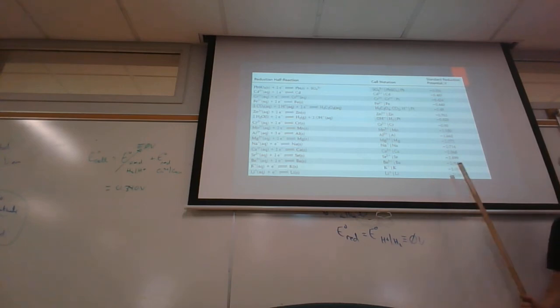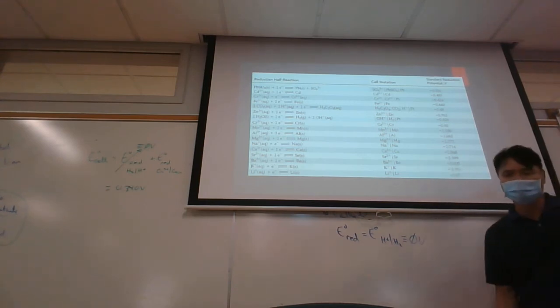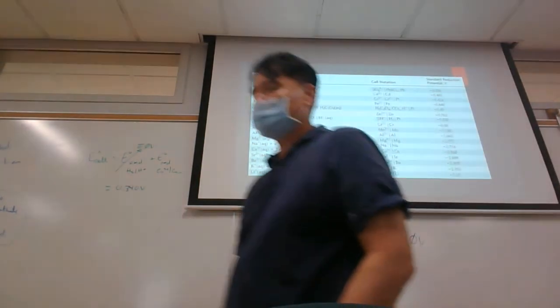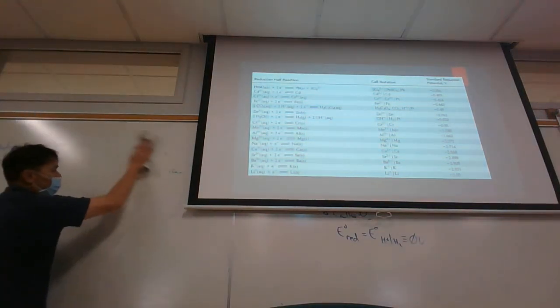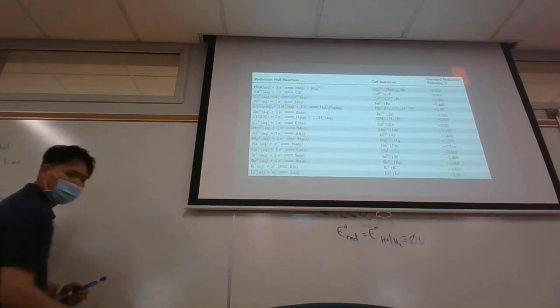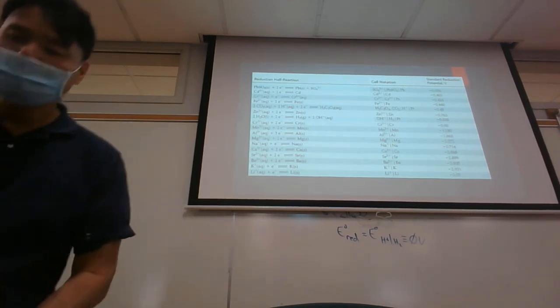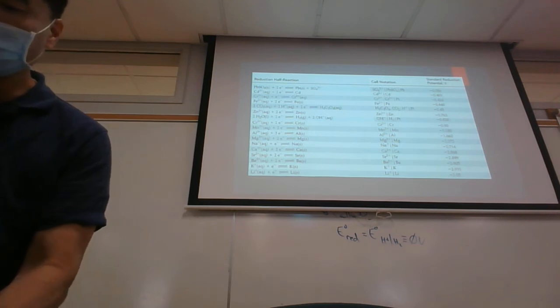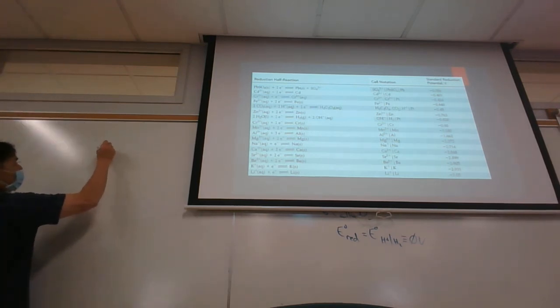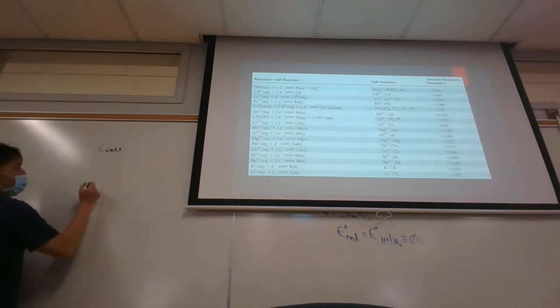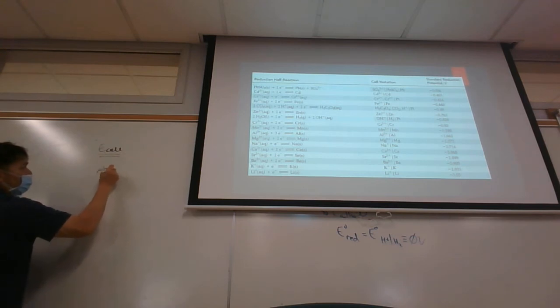Now, if we go negative, negative just means weaker than hydrogen for half potentials. And so there's a difference here. Full potentials have an absolute 0. And so full potential would be the cell potential. Whether it's under standard conditions or non-standard conditions, the cell potential has an absolute 0.